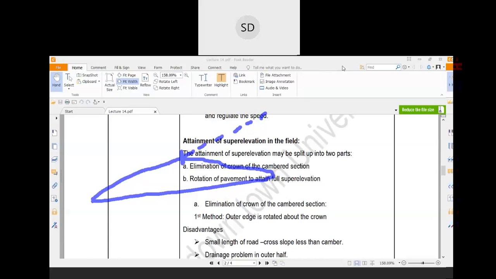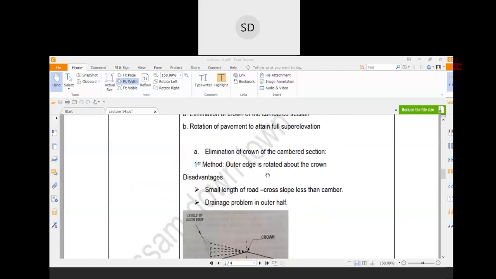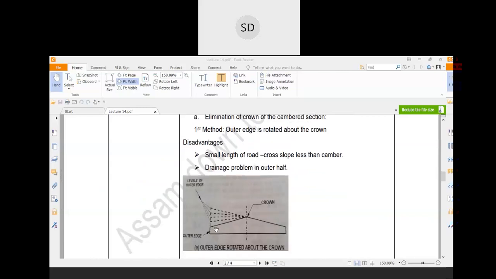There are different methods of elimination of the crown. First one is that the outward edge is rotated above the crown. So how is the outer edge rotated? Let us see.